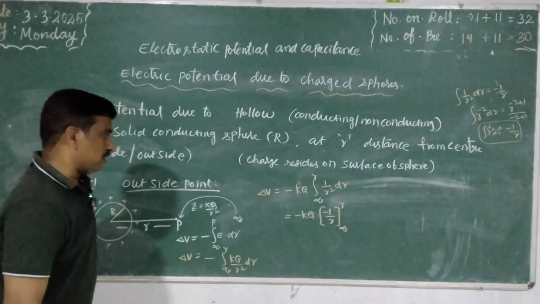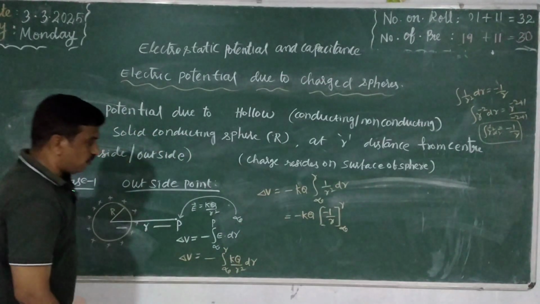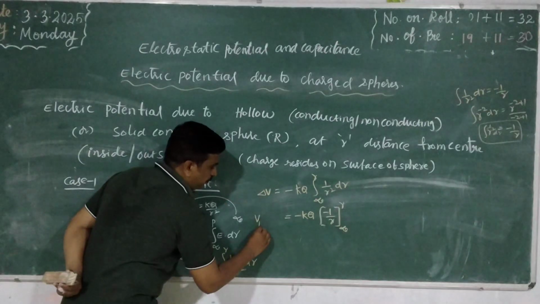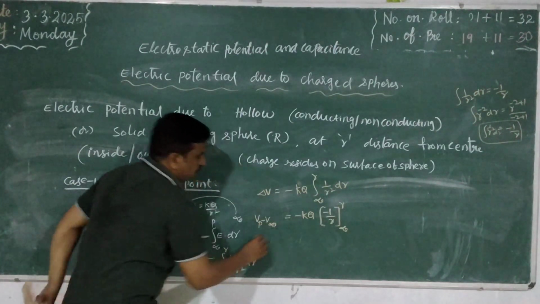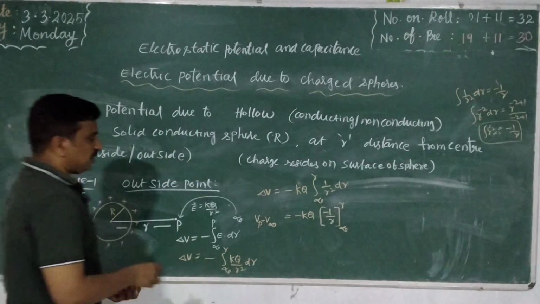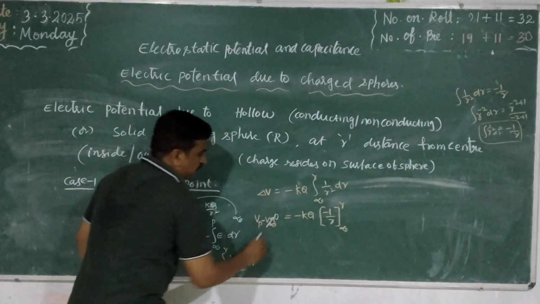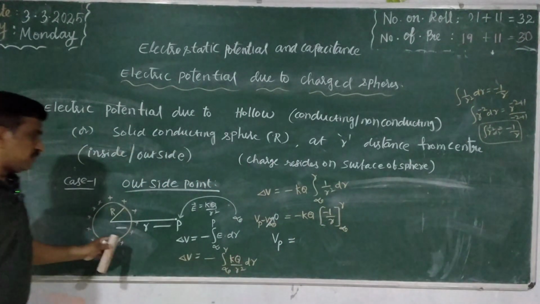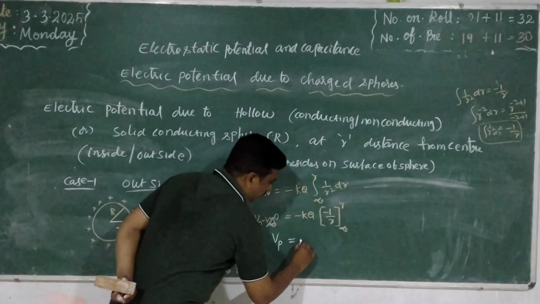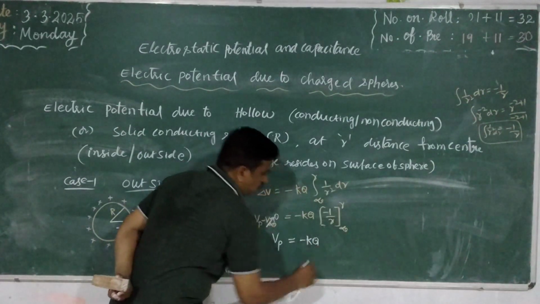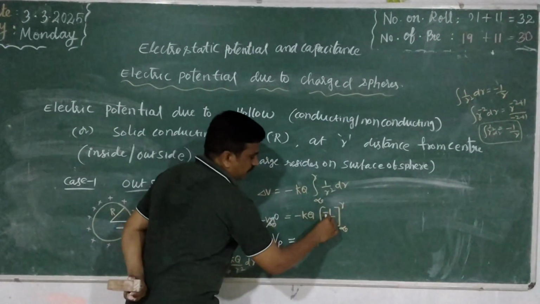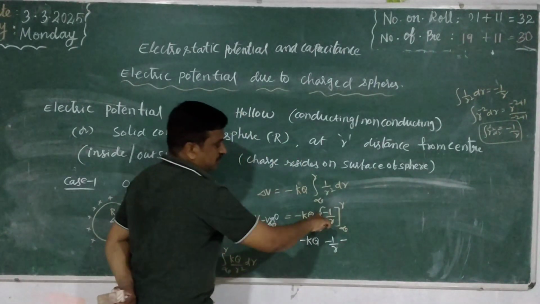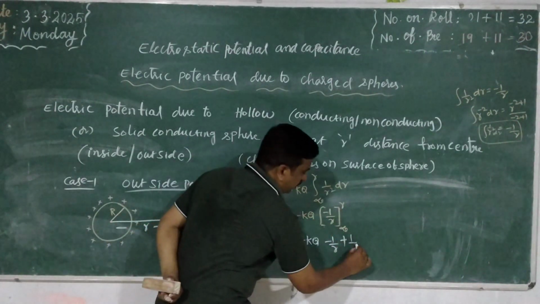Delta V, where to where is the charge moving? Infinity to point P. So we can write Vp minus V infinity. What is the potential at infinity? 0. So the potential at P equals minus KQ, upper limit first, minus 1 by r, later the lower limit, minus of minus plus 1 by infinity.